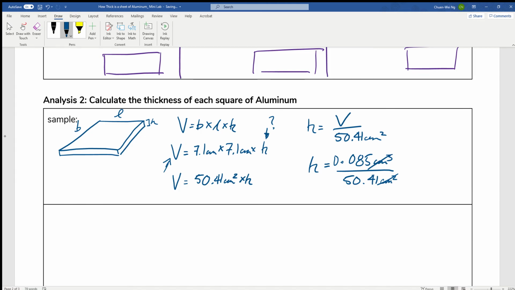Notice that these guys cancel out, so I'll only have 1 centimeter as my unit. This is 0.085 divided by 50.41, and I got 0.0017 centimeters. Really, really tiny.